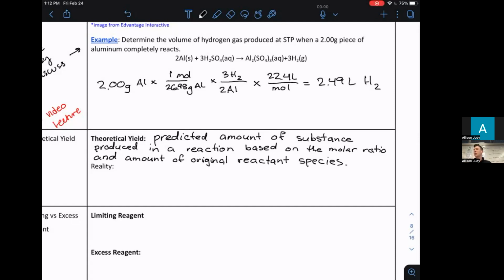Theoretical yield is the amount that you would theoretically get based on the starting conditions. We have this reality here because, as I mentioned earlier, what is theoretical is not always reality. And in reality, RxN, I hope you have seen before, is reaction. Reactions don't always go perfectly. They very rarely go perfectly.